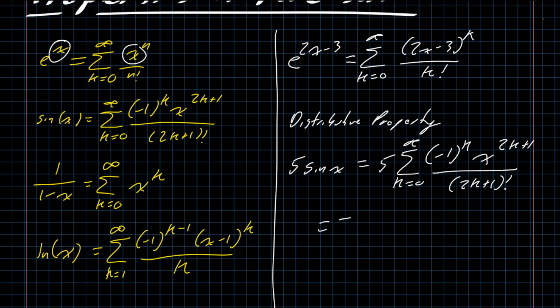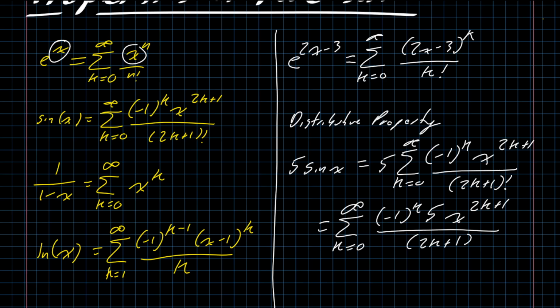So it becomes the sum, k goes from 0 to infinity of negative 1 to the k times 5 times x to the 2k plus 1, all over 2k plus 1 factorial.